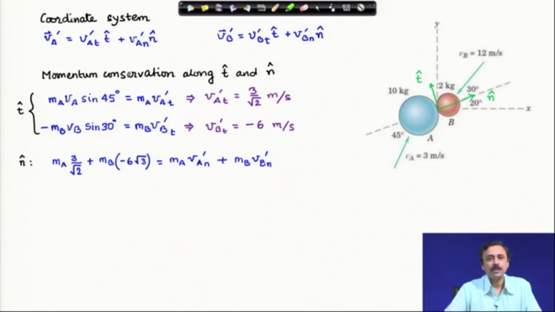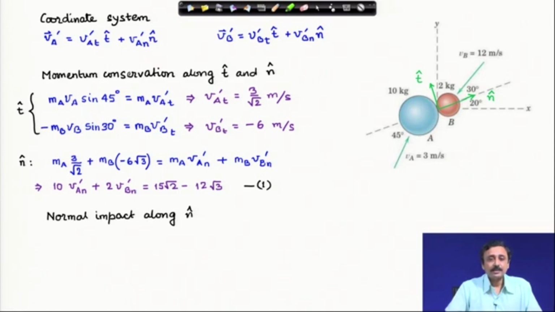V a n prime is the outgoing normal velocity, and V b n prime is the outgoing normal velocity of particle B. Now, once you plug in all these values, you will get this condition. Unknowns are V a n prime and V b n prime. This is our first equation, derived from the linear momentum conservation in the normal direction.